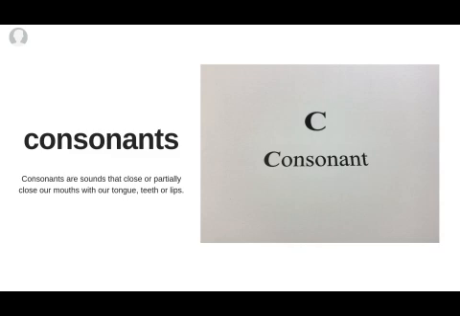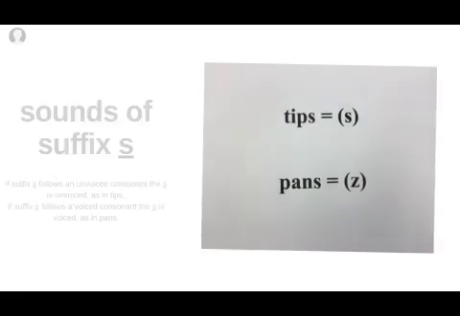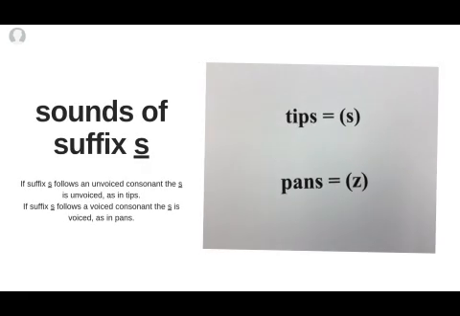Consonants. Consonants are sounds that close or partially close our mouths with our tongue, teeth, or lips. Sounds of suffix s. If suffix s follows an unvoiced consonant, the s is unvoiced, as in tips. If suffix s follows a voiced consonant, the s is voiced, as in pans.